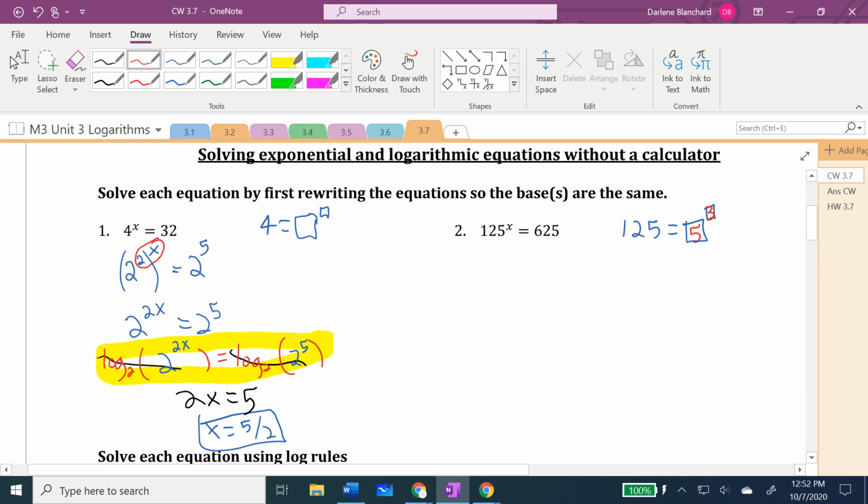Right, you got it. 5 to the 3rd power. And then just to point it out again, we multiply the 3 and the x together right there. And then 625. That is 5 multiplied how many times?